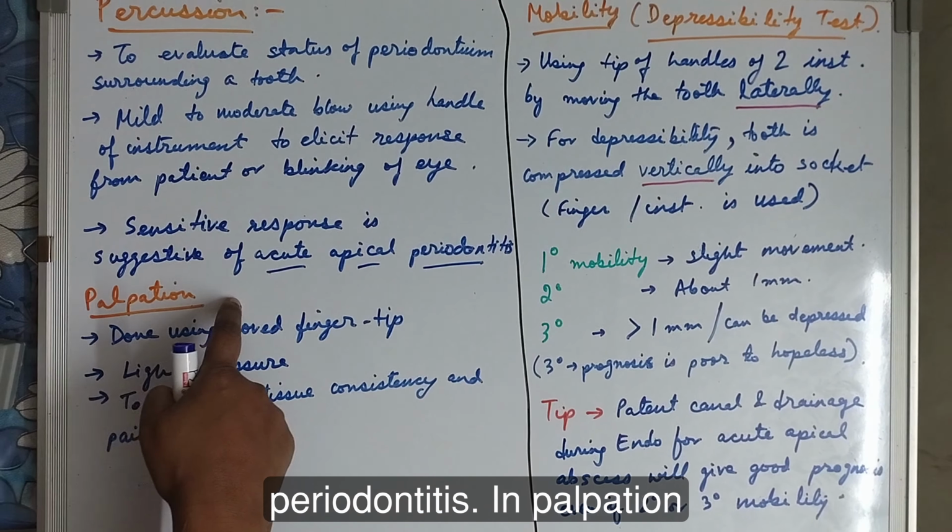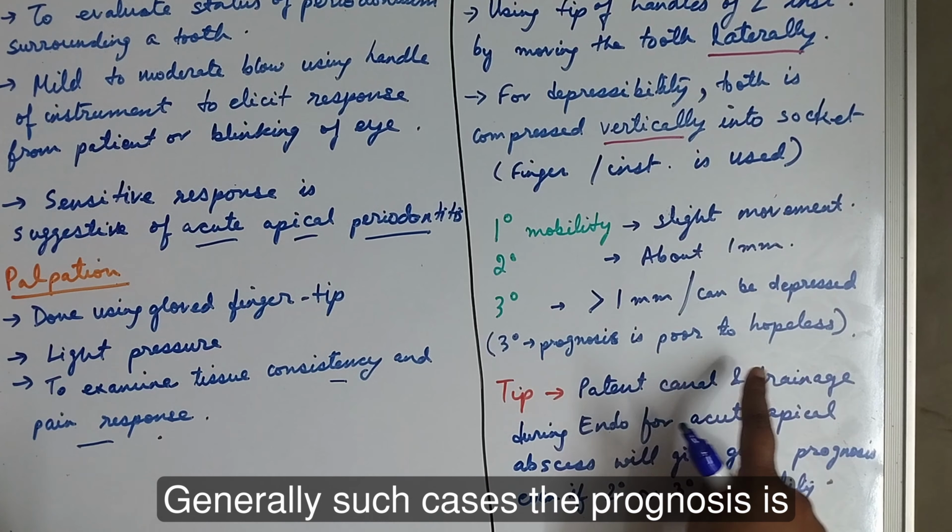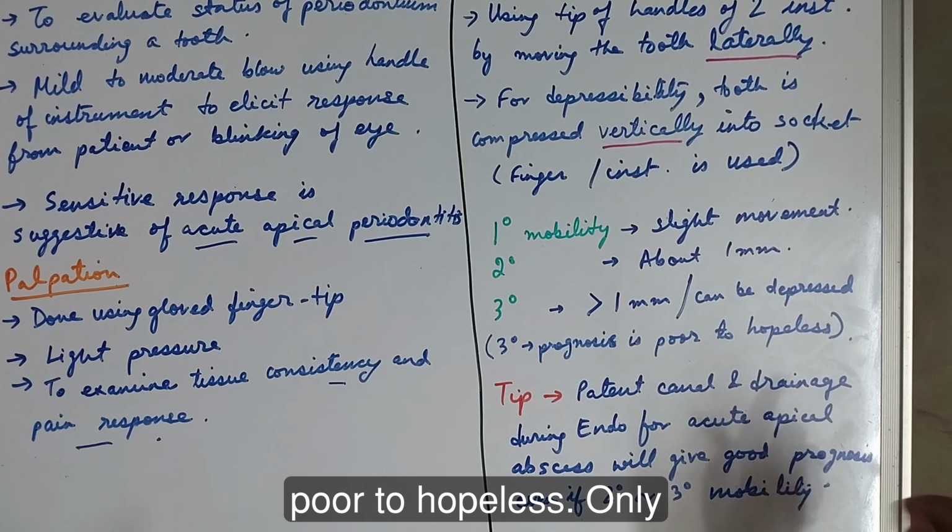For depressibility, the tooth is compressed vertically into the socket. In that case, the tip of an instrument or a gloved fingertip can be used. In third degree mobility, greater than 1 mm of movement is seen and the tooth can also be depressed. Generally, in such cases the prognosis is poor to hopeless.